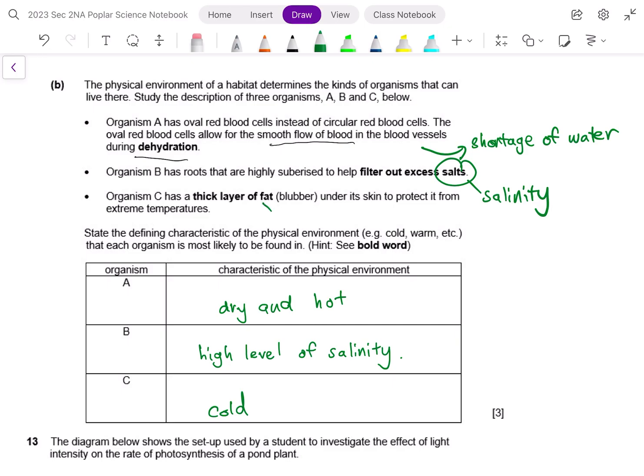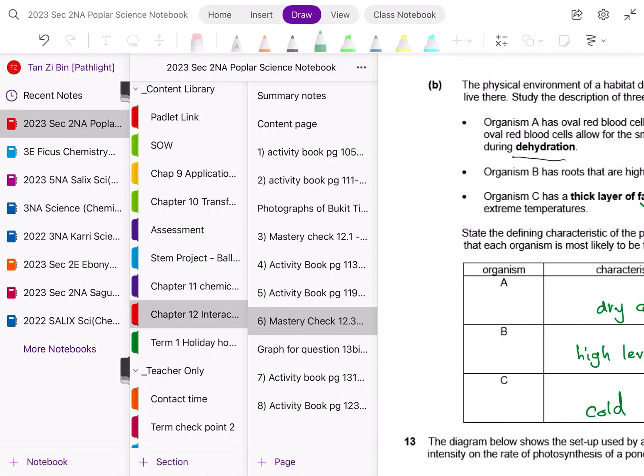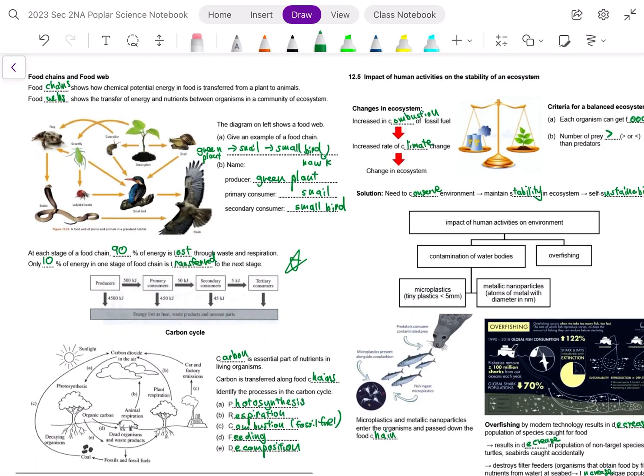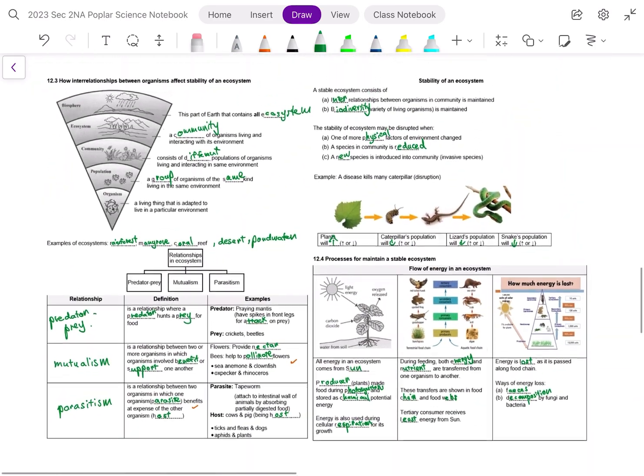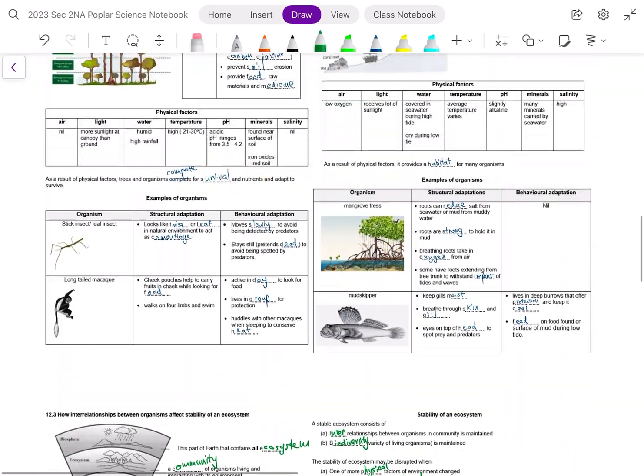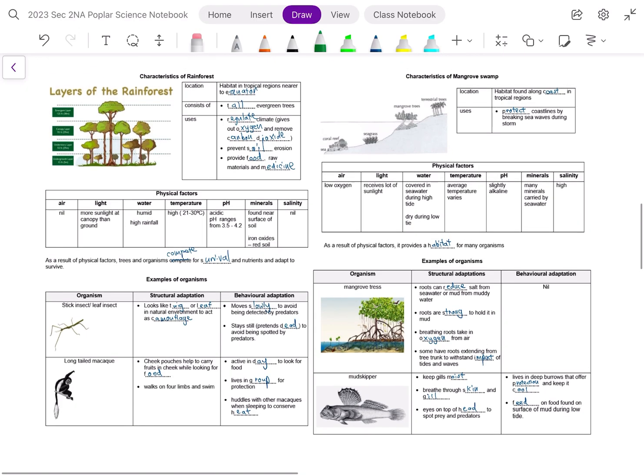So usually this one is because of a cold environment. So these are the different physical adaptations. If you look at it, adaptations got two kinds: physical adaptation or behavioral adaptations. There's two kinds down here.